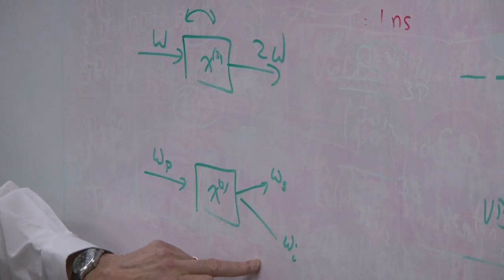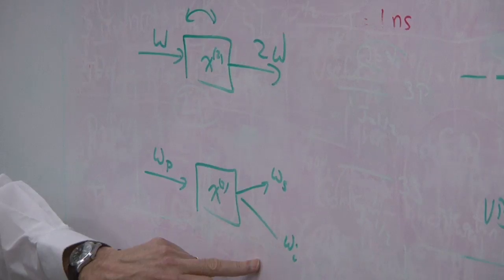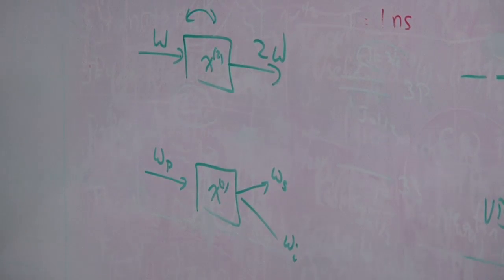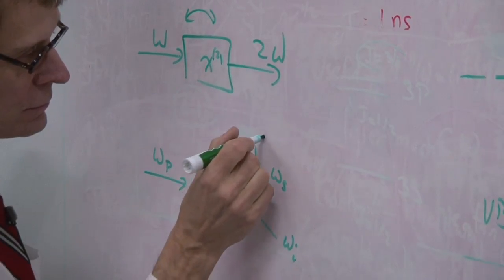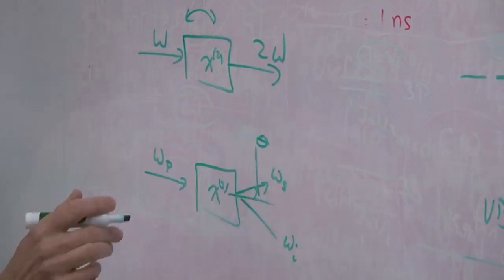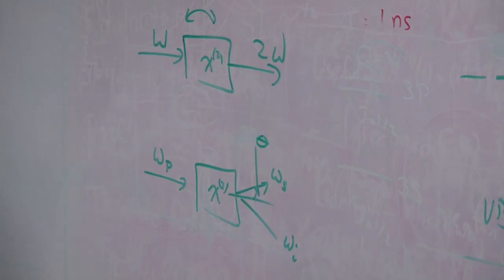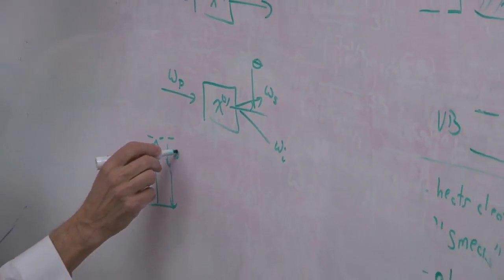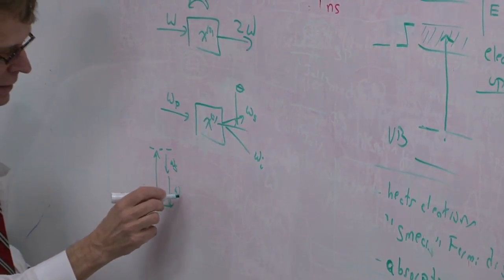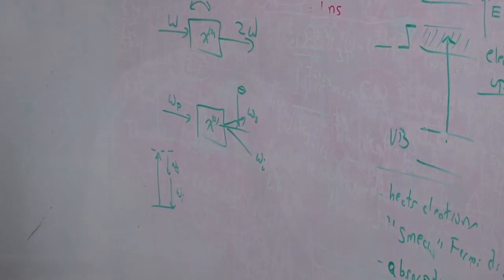But the point is that here, all of your initial conditions are prescribed. Here, there's a few too many things that nature can do. The signal field can come out with any energy, essentially any energy, as long as omega signal and omega idler add up.